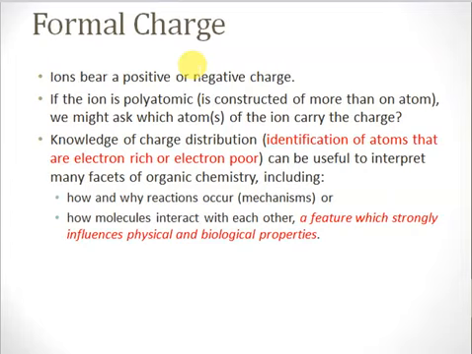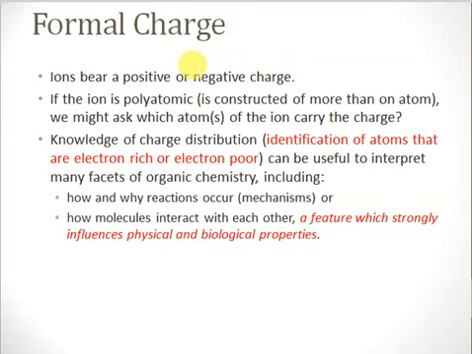But suppose an ion is polyatomic, meaning that it consists of more than one atom, then we might ask which of these atoms has the charge on it, right? For example, you may write CrO3, so you may be curious which atom this negative charge is on, right?